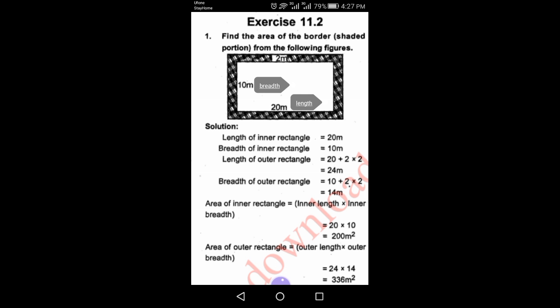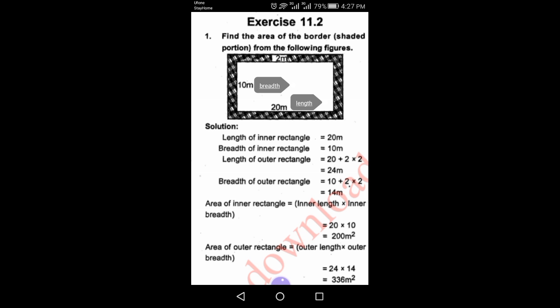Now we find out the area of both rectangles, inner and outer. Area of the inner rectangle is equal to length into breadth. The length of the inner rectangle is 20 meter and inner breadth is 10. When we multiply 20 by 10, we get 200 meter square.